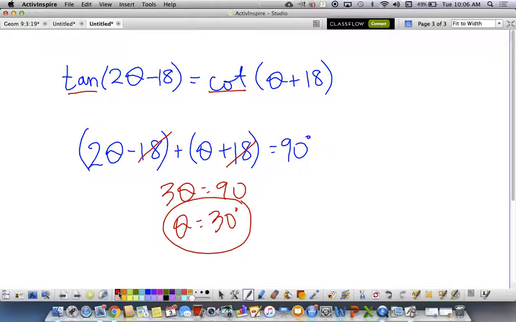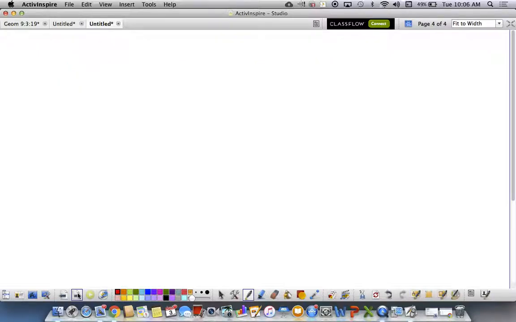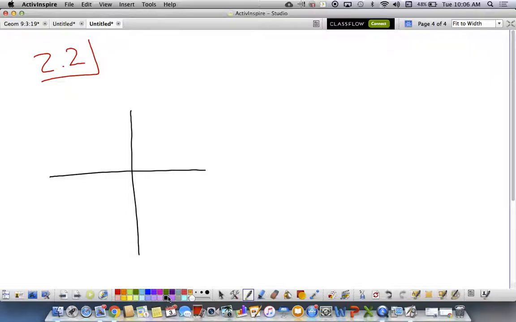It's okay. All right. We are going to move on because we have plenty of time to 2.2. I think 2.1 was all about acute angles. So we're going to move into another quadrant, of non-acute angles. Can we find trig functions of non-acute angles?